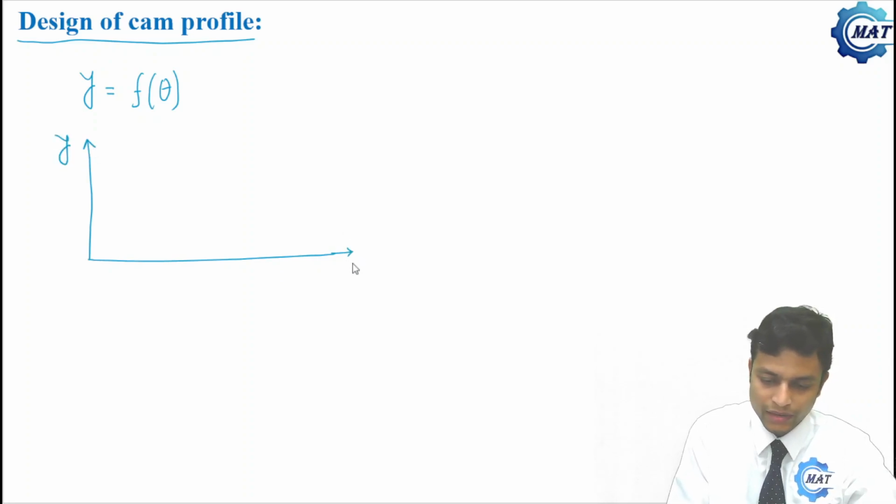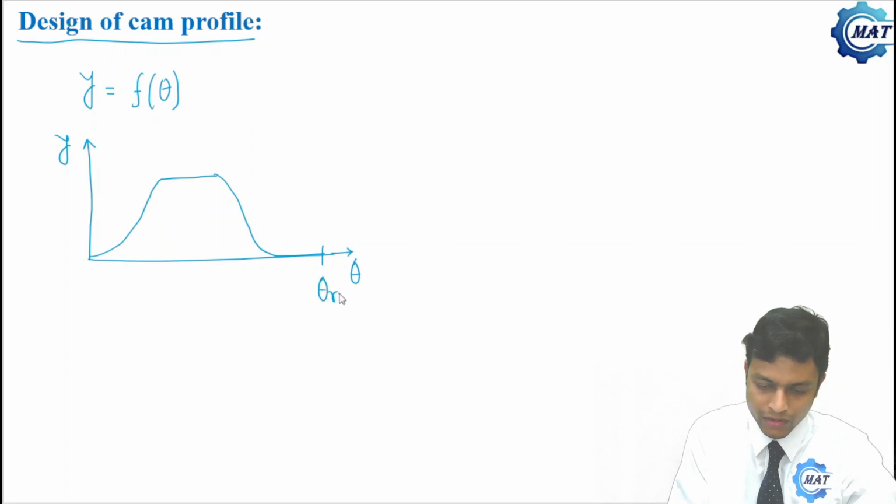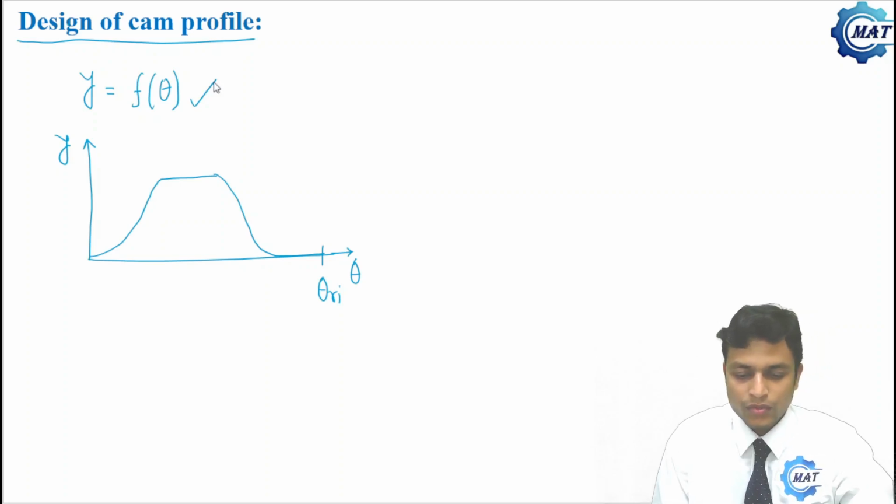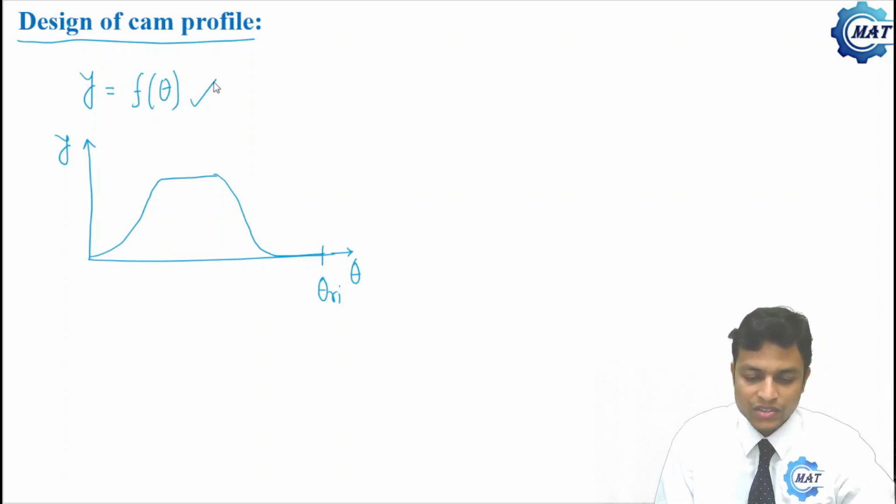So this is y, this is theta, this is rise period, then dwell, then return, then another dwell. So this is theta equal to theta rise. So when y is given or prescribed, then how to design the cam profile?